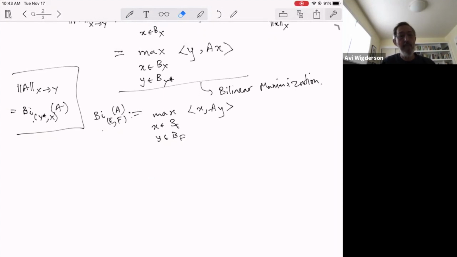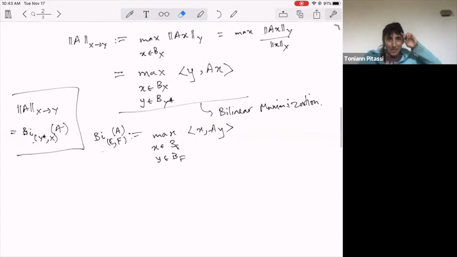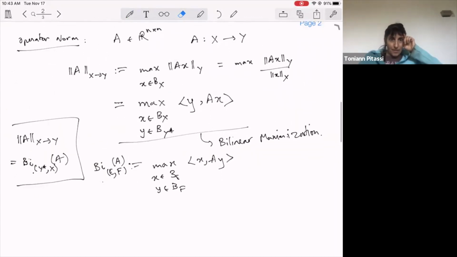Sorry, I'm confused about something here. Is the max of y, A x, and then the other one, they're supposed to be going the other way. One's going from one space to the other and then back again. But why is one of them starred and the other one's not?